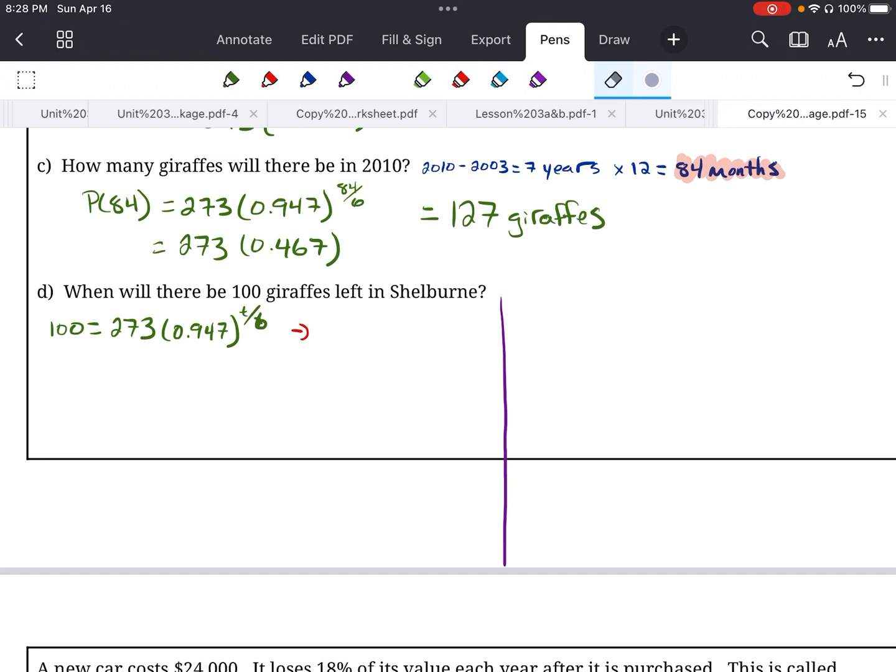Okay, so when I did, oh, I'm struggling here. 96 over 6, we got an answer of 112. Okay, so that didn't work. Let's try 112 over 6.